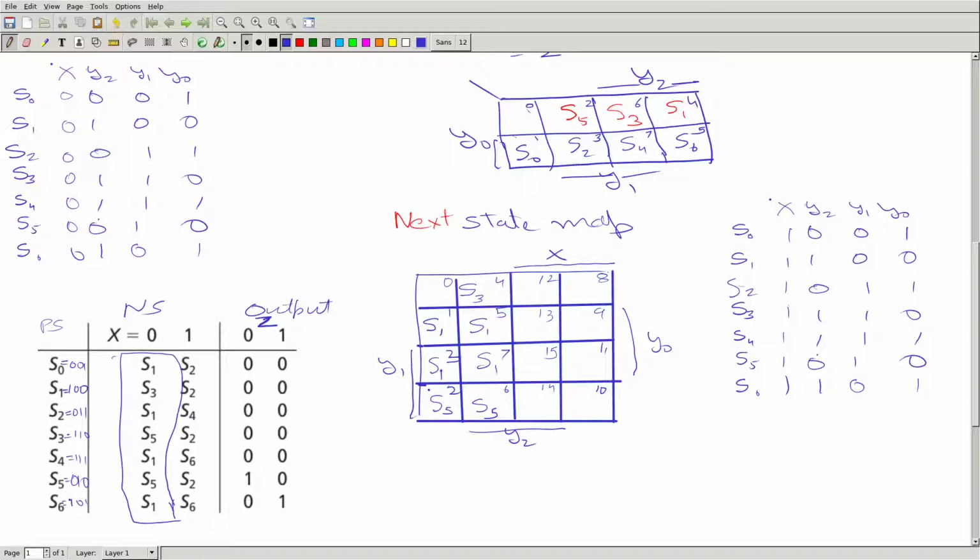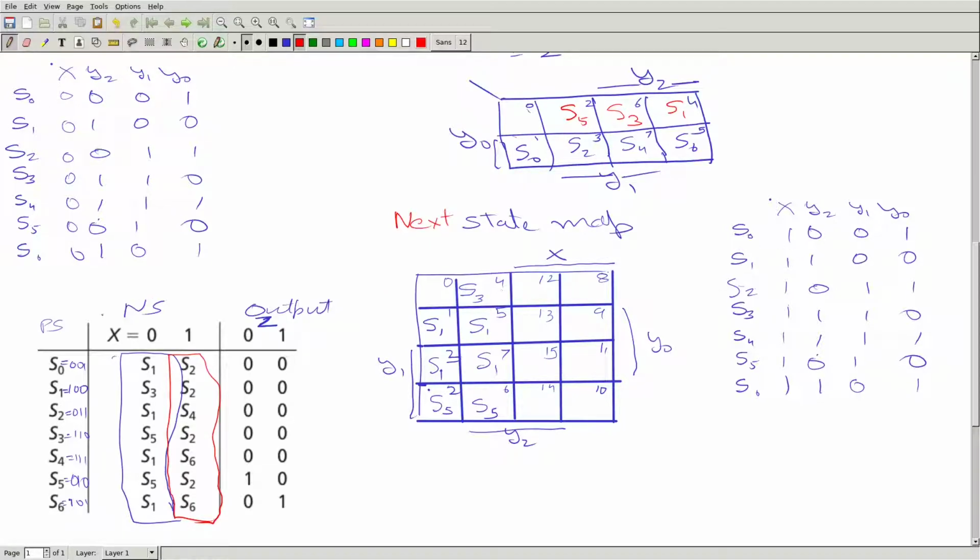Then we get a different kind of state assignment. So then we are focusing on this part of the column, this column.